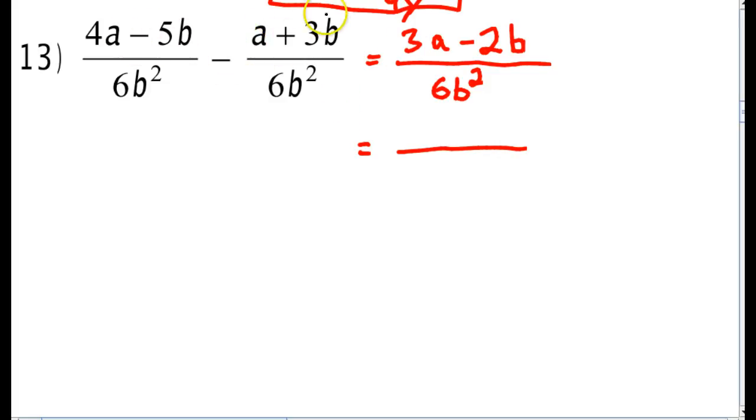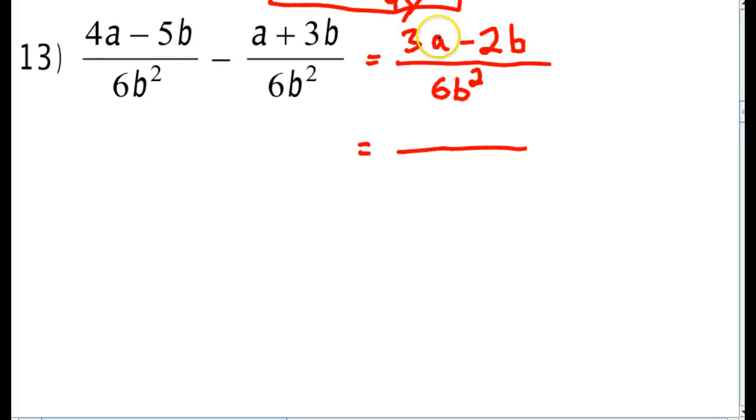And negative 5b and plus 3b is negative 2, right? Yeah. No? No. What should it be? Wouldn't it be transfer the negative and a positive? Negative what? Negative 8b.